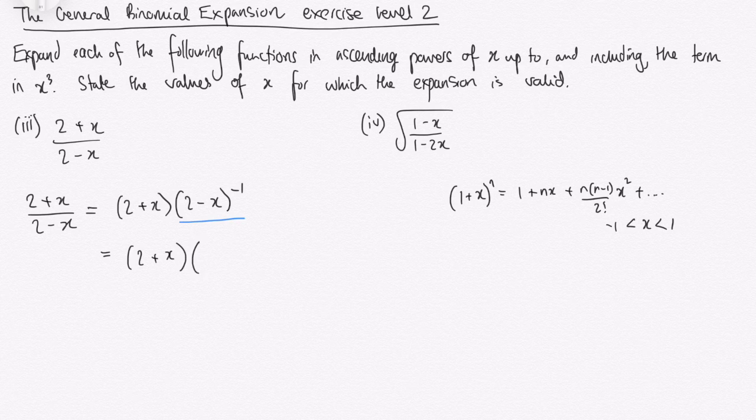So taking this factor of 2, we have 2 open brackets 1 minus x over 2 all to the power of minus 1, which is (2 plus x) lots of 2 to the minus 1, lots of (1 minus x over 2) to the minus 1.